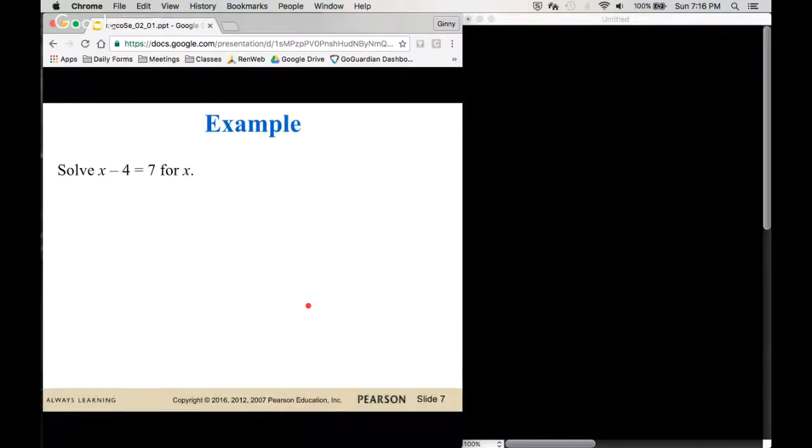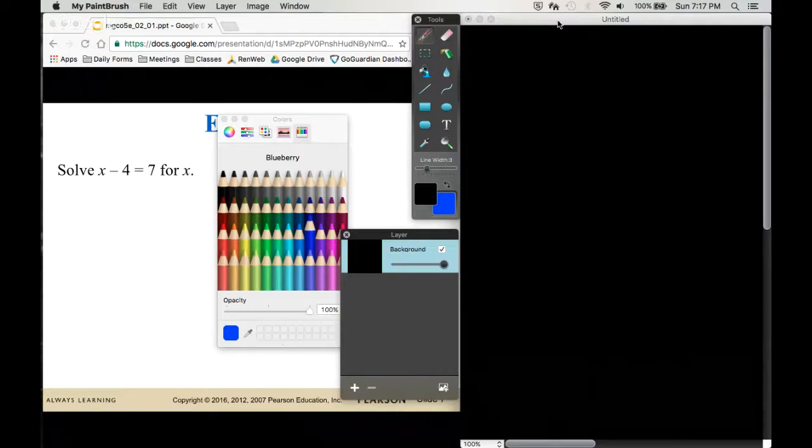All right, so if you had to solve the equation x minus 4 equals 7 using the addition property of equality, what that's going to look like is that you have to add something to both sides. What you want to do when you're solving equations is get the x by itself.